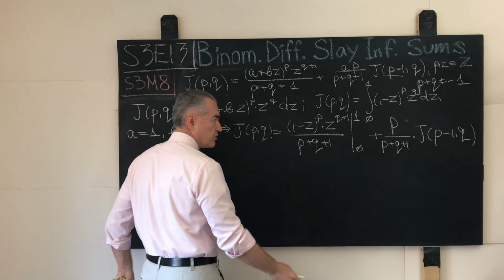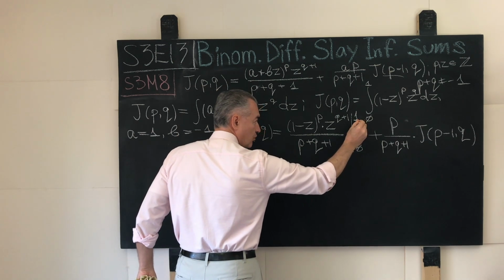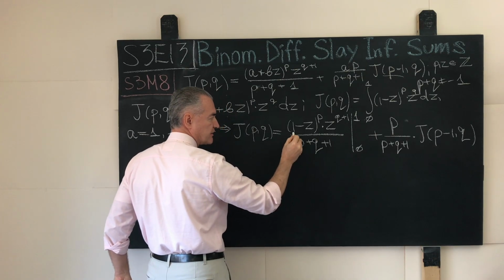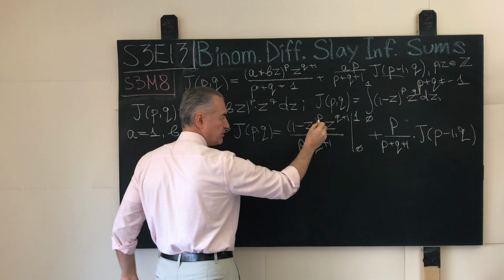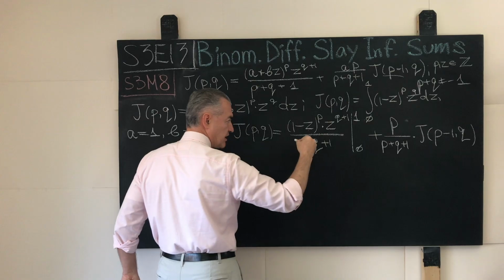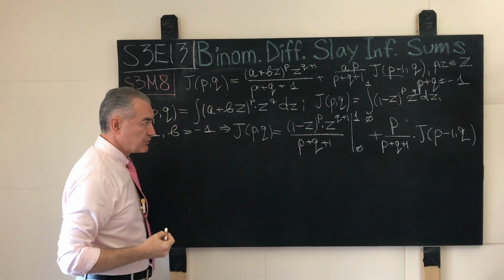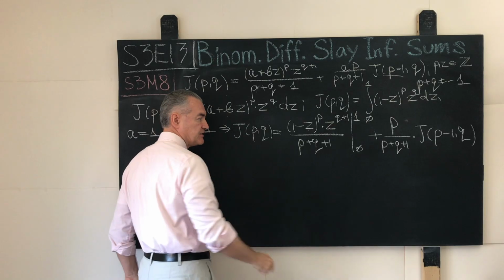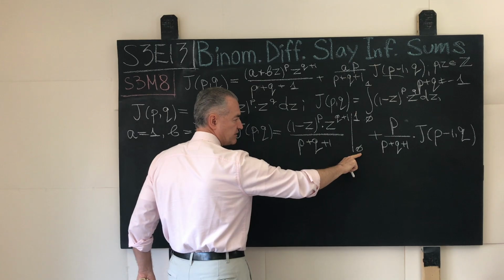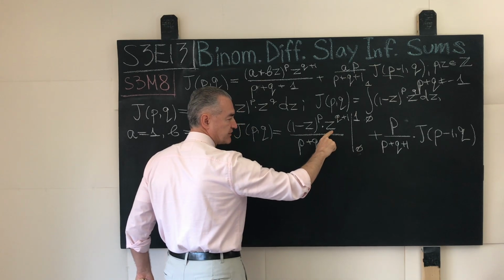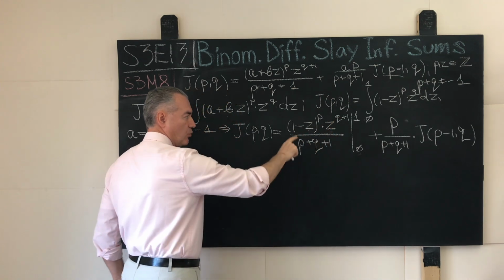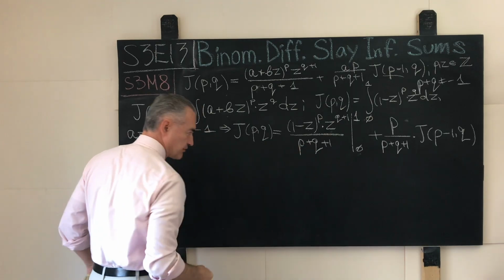Now notice that at the upper boundary of integration, 1, this free-floating term will vanish due to the factor (1 minus z) raised to the power of p, because when z is equal to 1, 1 minus 1 is 0. It annihilates this free-floating term once, and the second time, when z is equal to 0, this free-floating term will be annihilated and vanish due to this factor right here, z raised to the power of q plus 1, 0 times 1 raised to the power of p over a constant real number is 0.